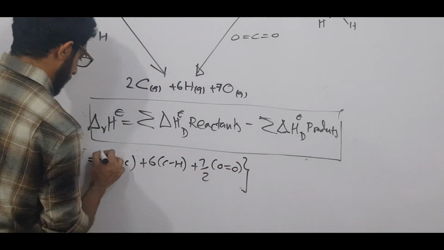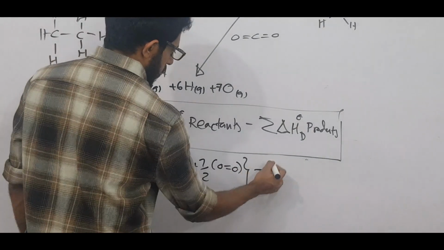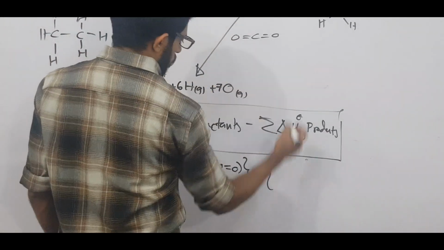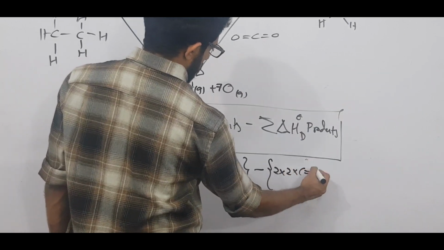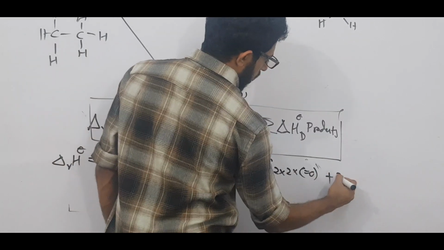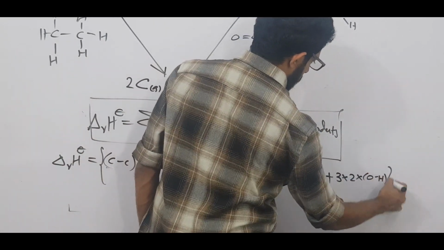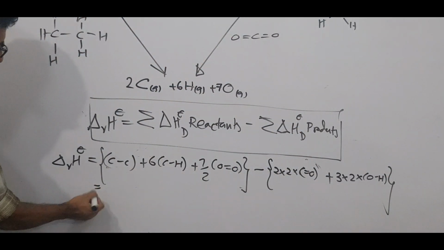So these are the enthalpy change of reactants minus products. Products means this one. 2 molecules CO2, you have 2 double bonds, 2 into 2 CO, plus H2O, 3 into 2 OH. Then we can substitute the values and we can get the results.